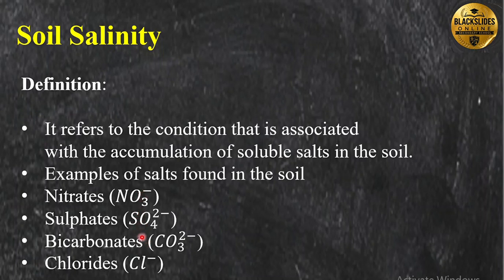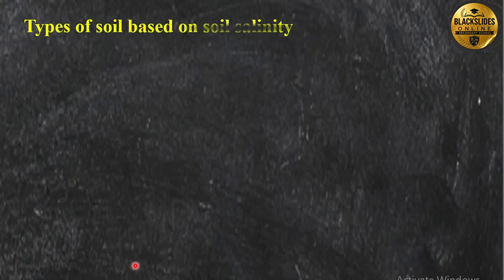All these are salts found in the soil, including sodium chloride. Types of soils based on soil salinity. In other words, salinity is about the saltness of soil, the availability of salts in the soil.